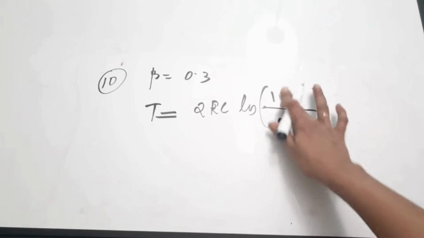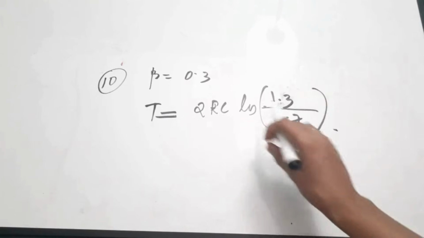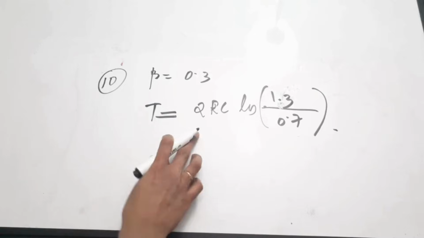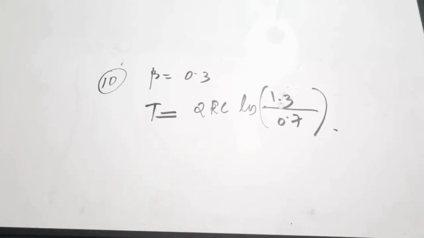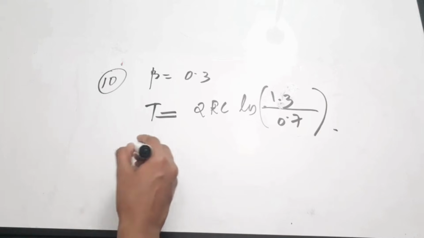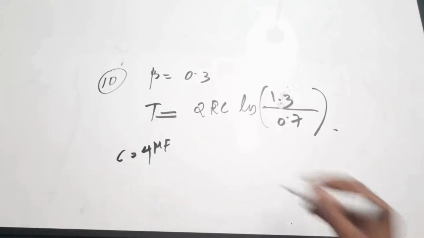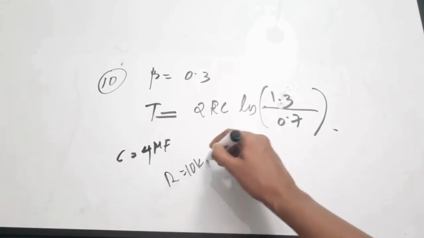This will be 1.3. Okay, ln 1.3 by 0.7. And what is the value of R and C? The circuit diagram has C equal to 4 microfarads and R equal to 10K.